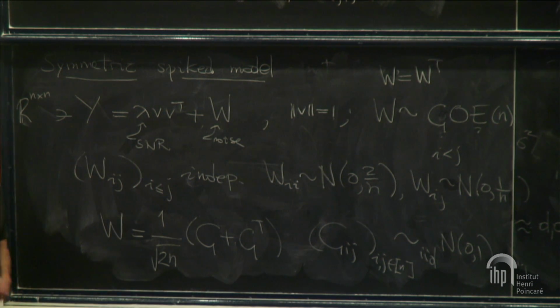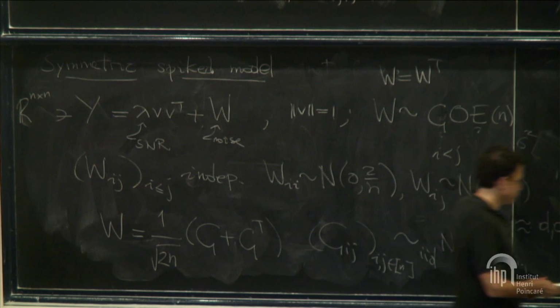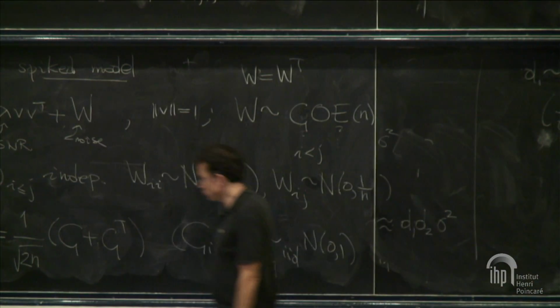The way you generate such a matrix with Python or with R, whatever language you use, is you generate a vector, you change the dimension of the vector, and add the matrix plus its transpose. So this is a GOE matrix.